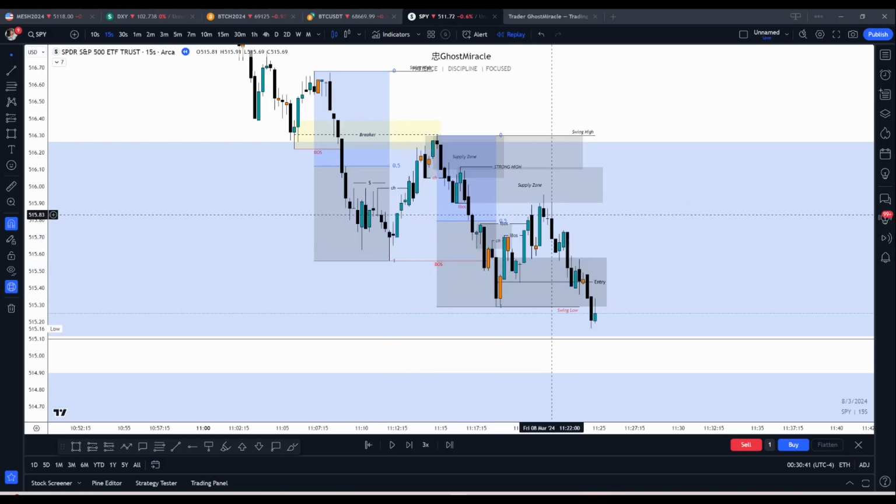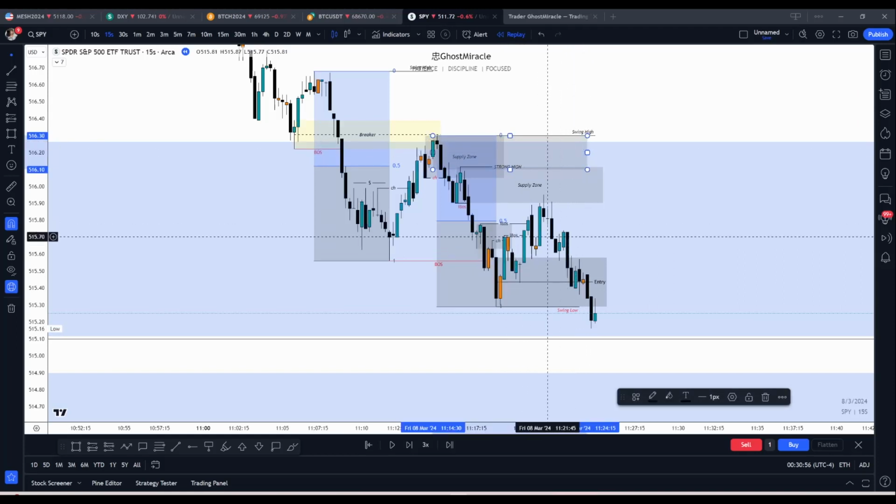So you would expect price to possibly react here because you have your breaker structure. This is a valid supply zone because it mitigated what was above here before even breaking this. So this area has already been mitigated. So nine times out of ten, after something's been mitigated, if price comes back into it, we expect it to fail, because it's like going to a store that's already been emptied.